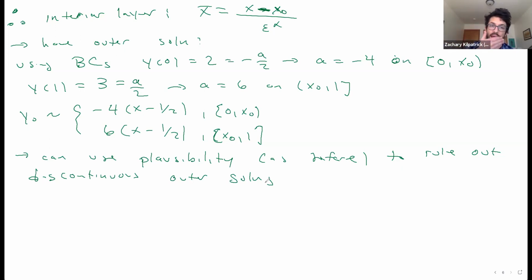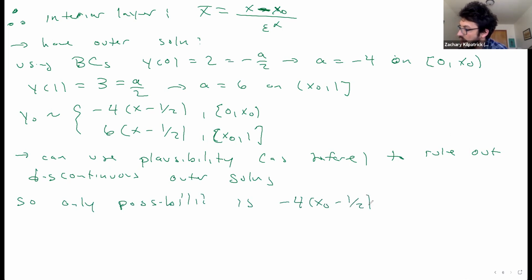But if I do that, I end up breaking some of the conditions of the ordinary differential equation, okay? So I break sort of the plausibility argument, okay? So the only possibility is that minus 4 times x0 minus a half is equal to 6 times x0 minus a half, okay? And if we solve this, we find that x0 is equal to a half, okay?